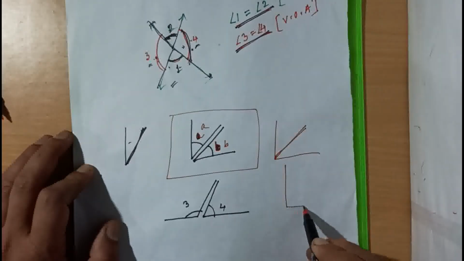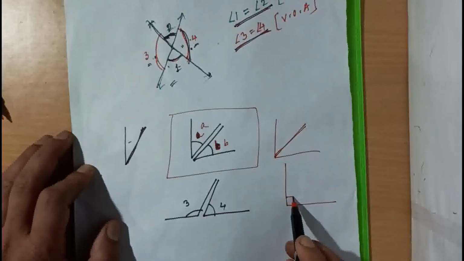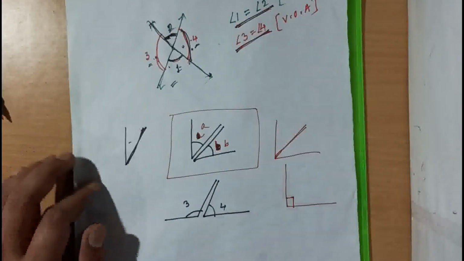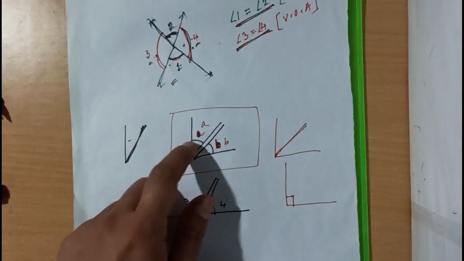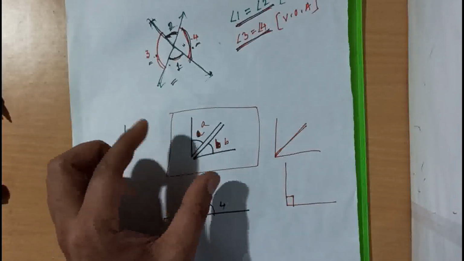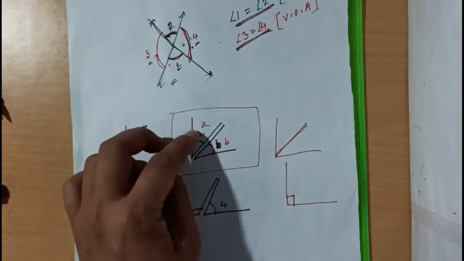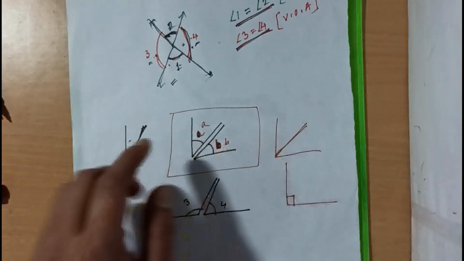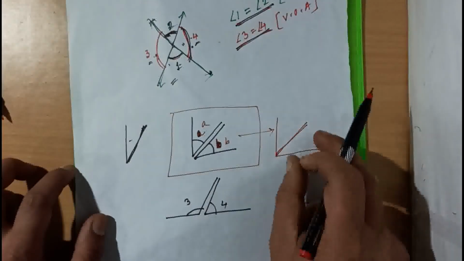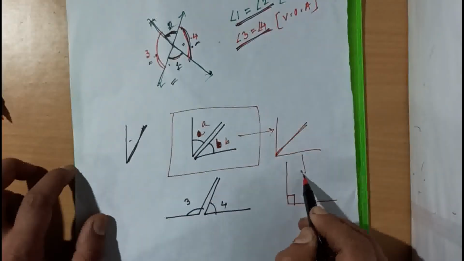It looks like this. That is a total 90 degrees. That means whenever you bring these two angles together, we are adding them. If you combine this angle and this angle, then the figure becomes like this, and if you remove this one, then the figure becomes like this.